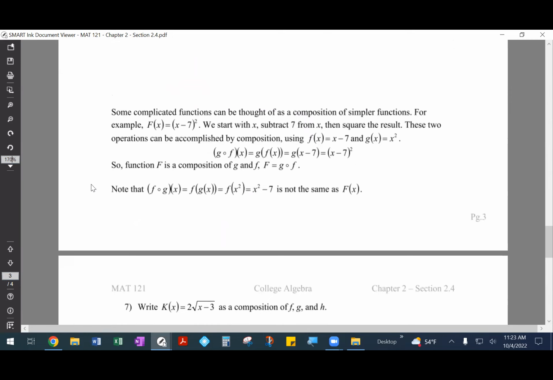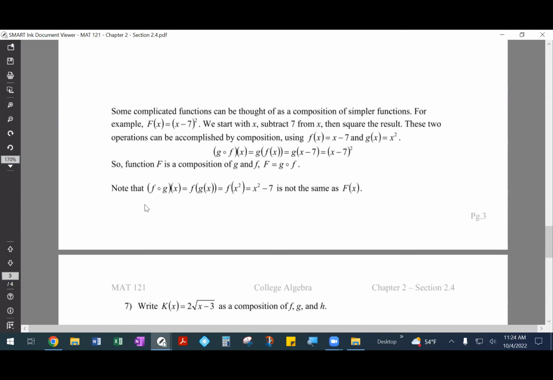Sometimes you can actually look at, I would say maybe complex functions, something that can be basically broken down into simpler functions. So if you look at something like this guy over here, f of x equals (x minus 7) squared, we can actually break it down into simpler functions. So basically you can see if you were given a value for x, where would we start?